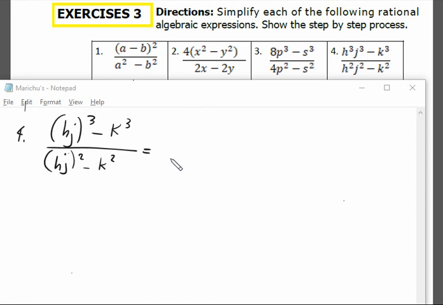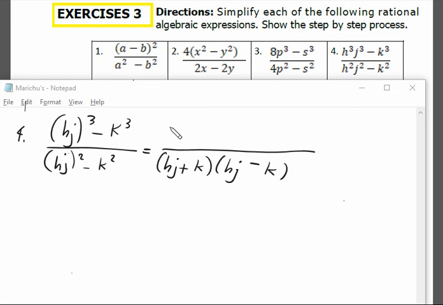Then let's factor out both numerator and denominator. It's pretty easy to factor out the denominator, so let's do that first. hj plus k times hj minus k.